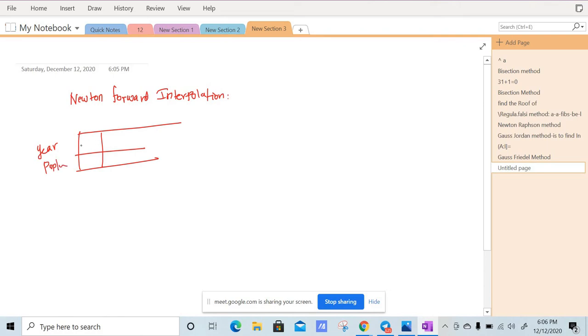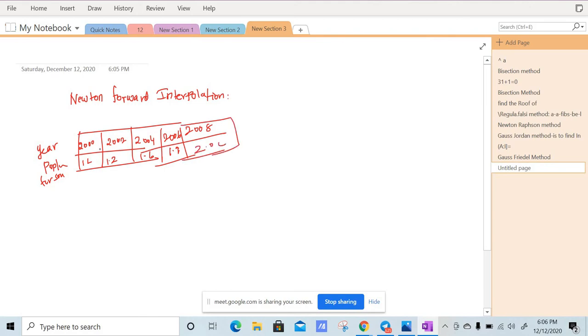In 2000 the population for some city is 1 lakh, in 2002 let us say population is 1.2 lakh, in 2004 it is 1.6 lakh, and 2006 it is 1.9. Let me add some more also. In 2008 it is 2 lakh.